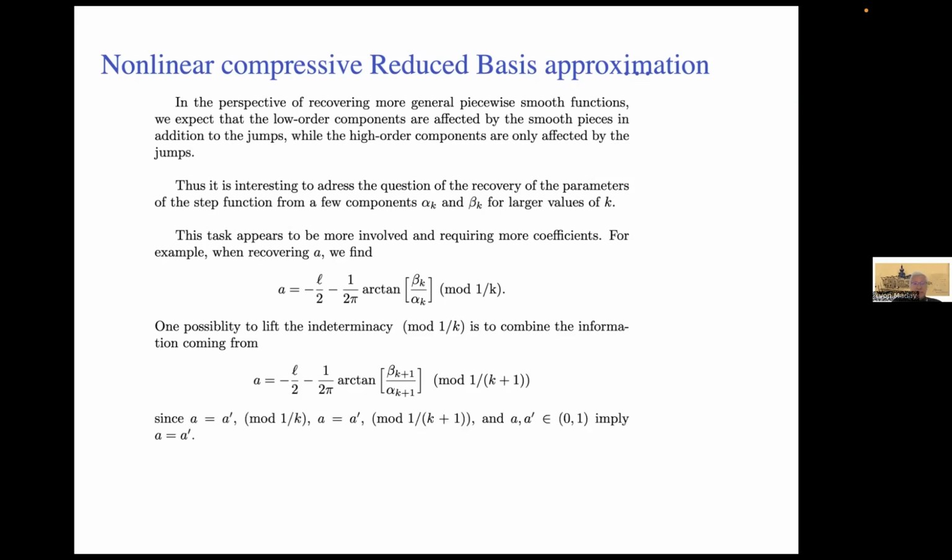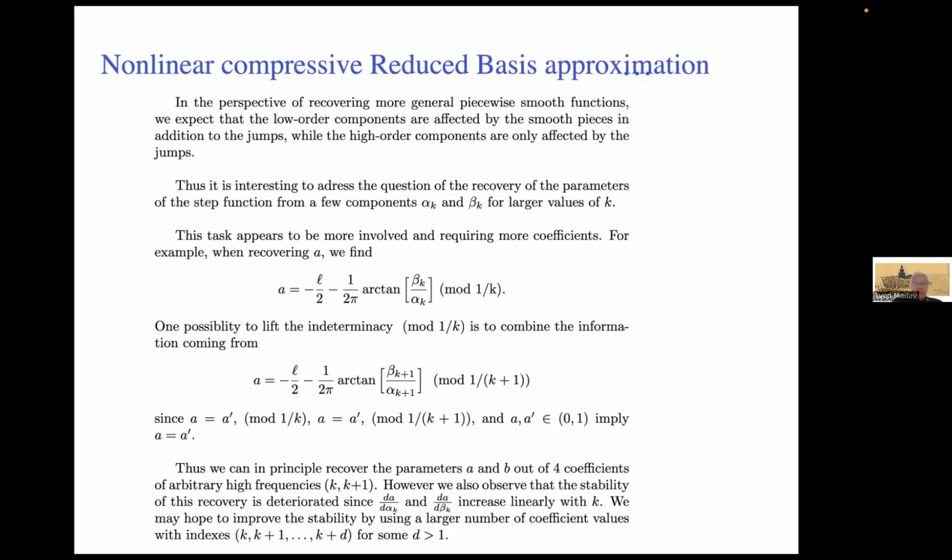With these two equations we can recover exactly the value of a, because if a and a prime are equal modulo 1 over k and 1 over k plus 1, then, belonging to 0, 1, there exists a unique solution, a equal to a prime.